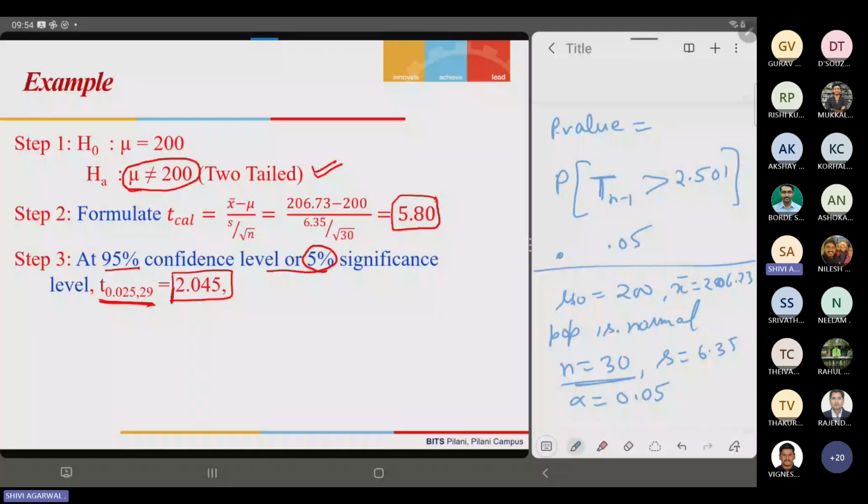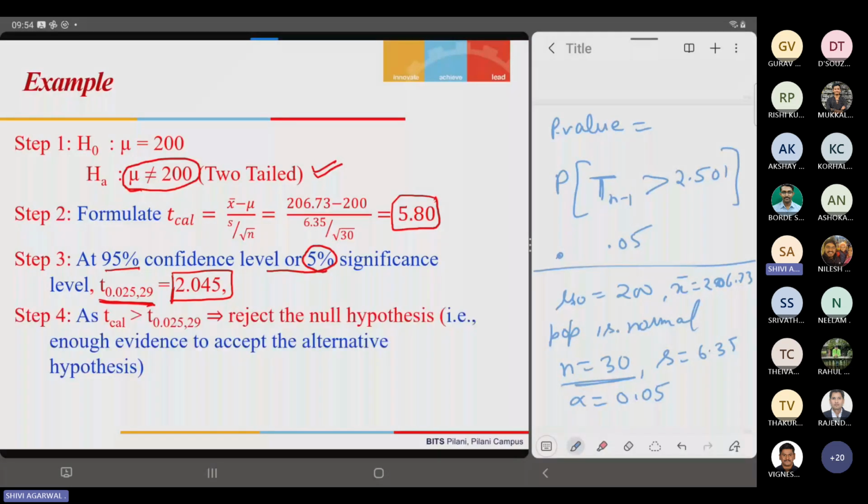What is the conclusion? T calculated is more than T alpha by 2 with N minus 1 degrees of freedom. So the test statistic lies in the rejection region. So we reject H naught.